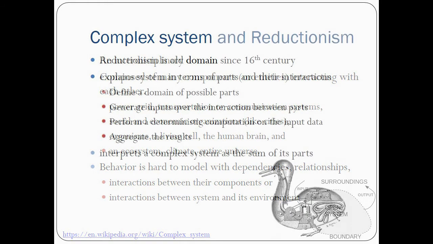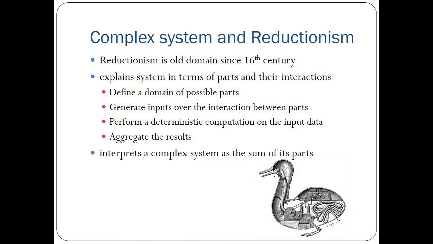We'll see further complex systems and reductionism. Reductionism is an old concept from the 16th century, and you can say it is a fundamental of complex systems. Reductionism says that there is a system, and the system has multiple parts, and these parts interact with each other.